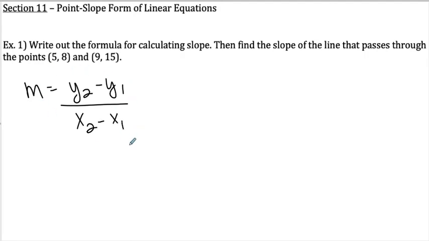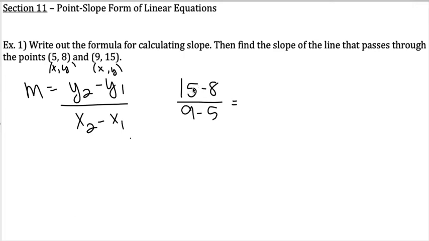And that's the formula without context that can be related again back to a graph as you're calculating slope with rise over run. So to use that, remember that these ordered pairs are both x comma y, because we want to make sure that we get this all in the right spot. And so our slope would be 15 minus 8 over 9 minus 5.